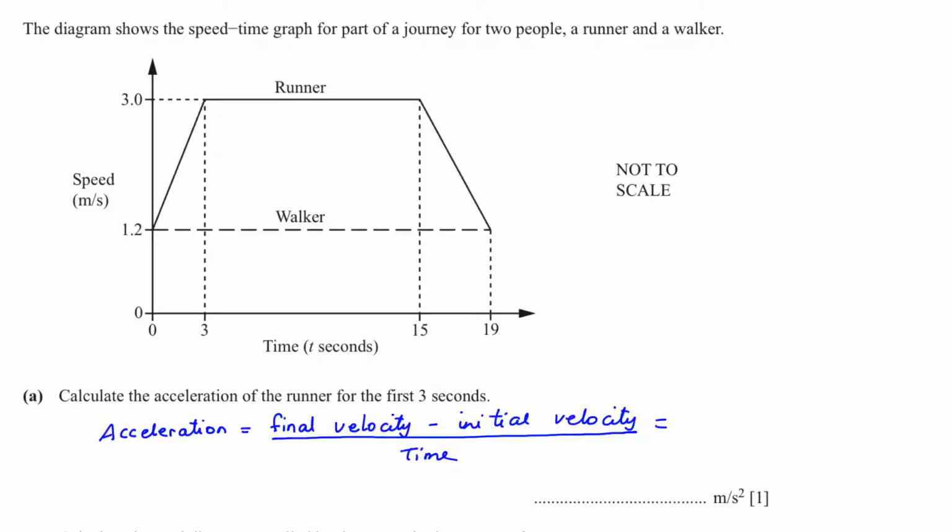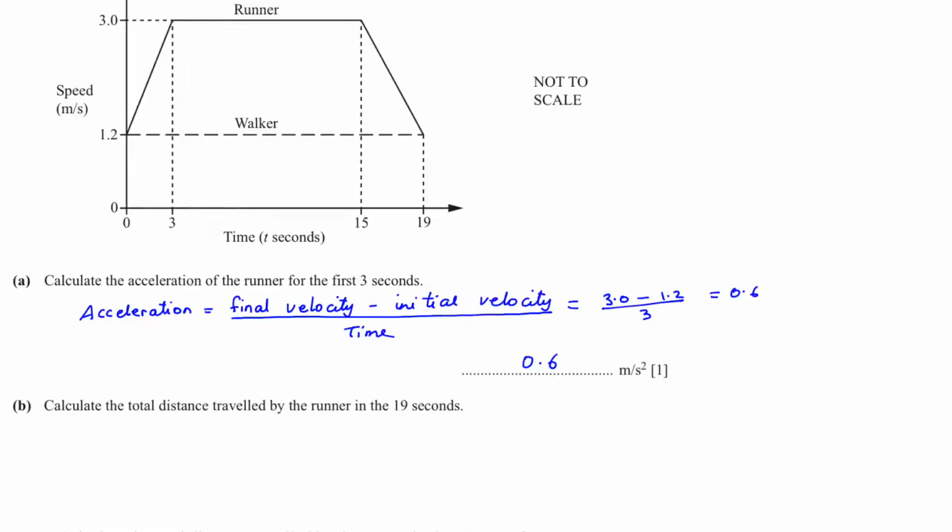Velocity means speed. So the final speed is 3.0. The initial or the starting speed is 1.2. 3.0 minus 1.2 divided by 3, that is the time taken, and we'll get 0.6. So acceleration is 0.6 meters per second squared.